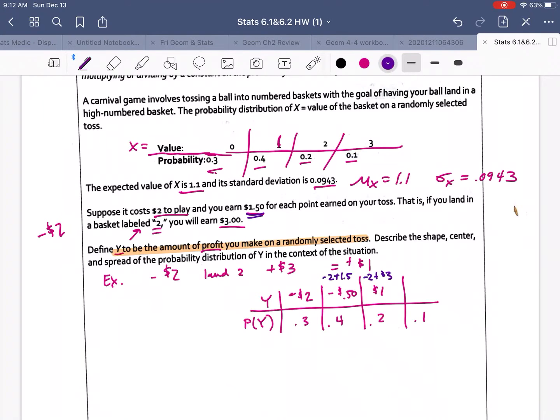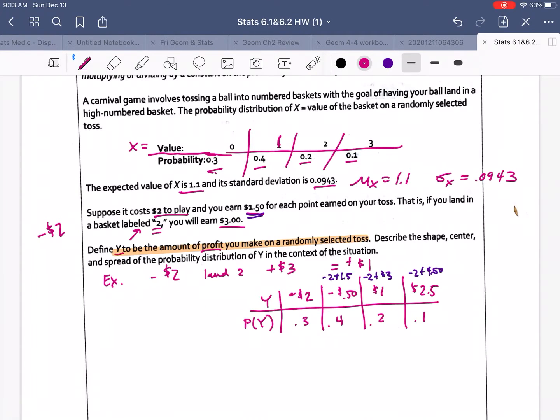And then the last scenario, we lose the $2 because we had to pay to play, but if we got 3 points, then that'd be up $4.50, so that would be $2.50, right? Okay, this is looking good.